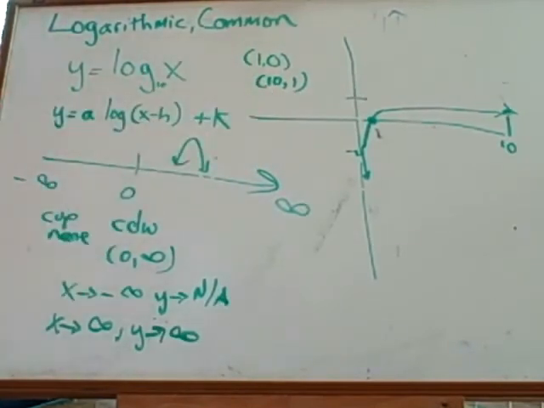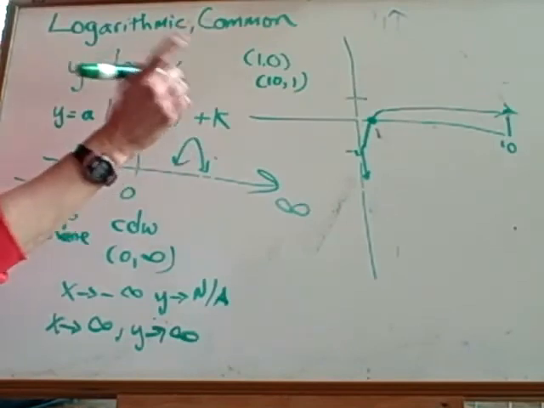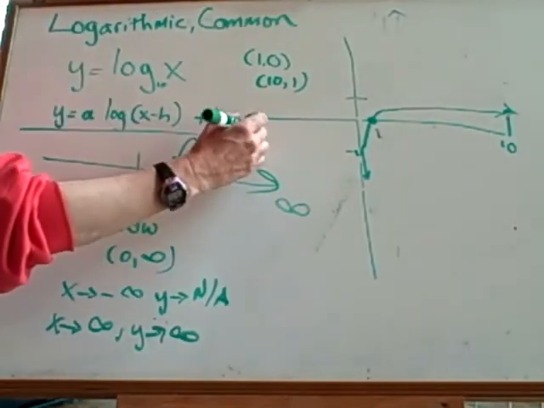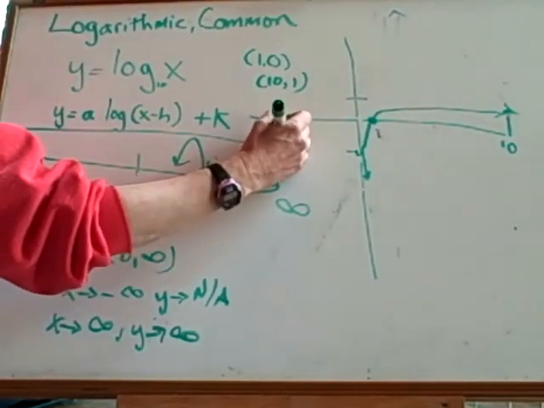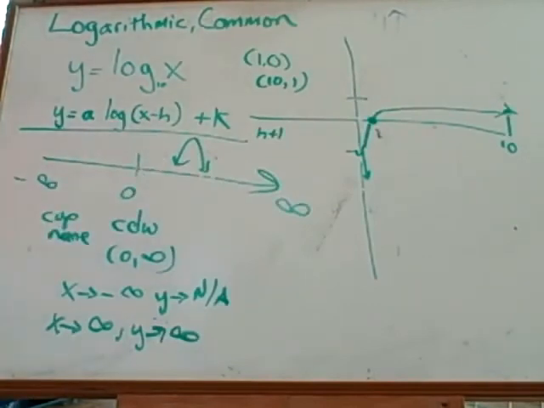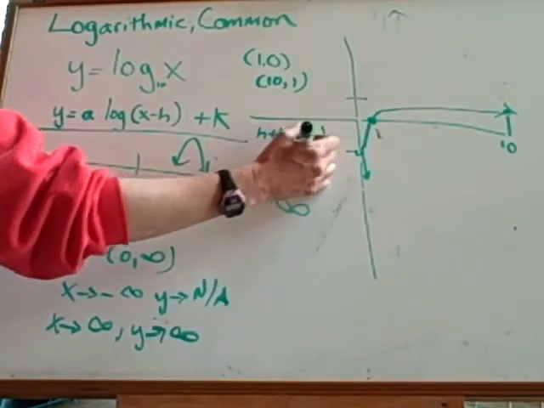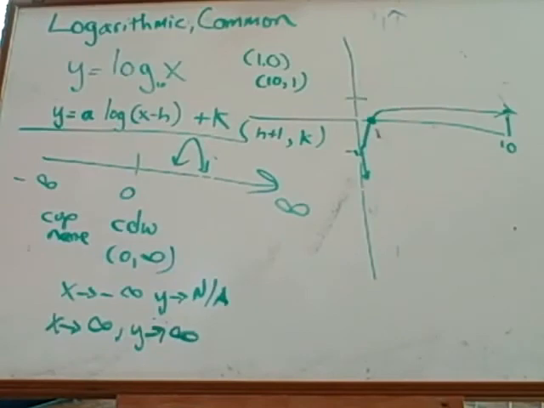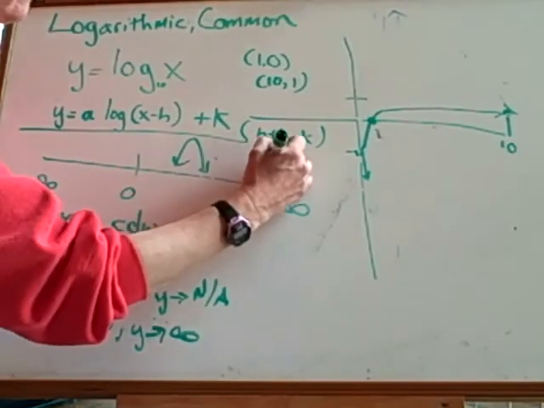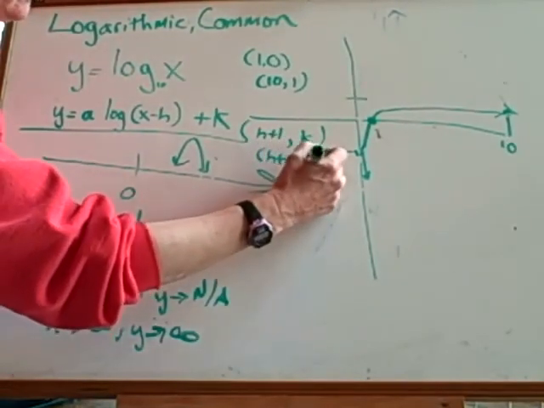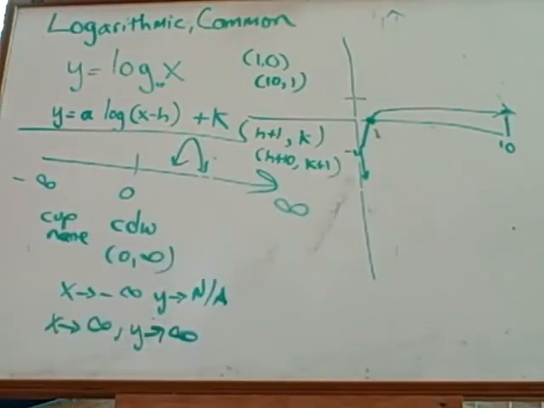Another one is h, k, right? Well, almost. If you're looking at this one right here, it's going to be h plus 1, comma k, and h plus 10, comma k plus 1.